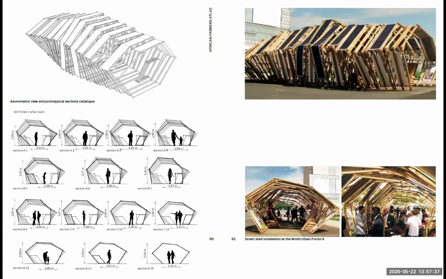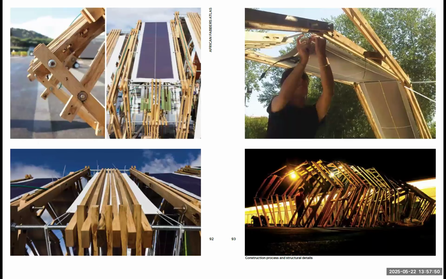So this is a mix of things related to local materials, so small timber elements, not industrialized, and photovoltaic membranes, so membranes that are light and easy to adapt to different shapes and easy to assemble and disassemble.